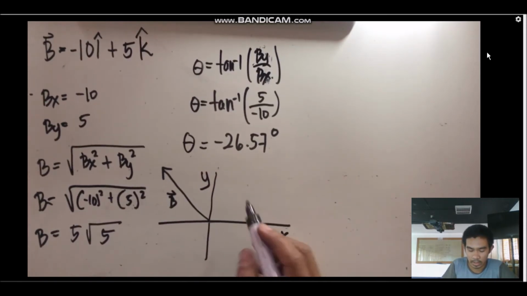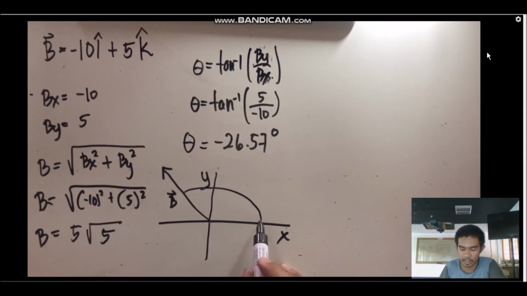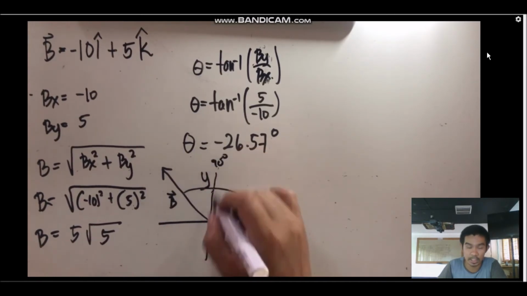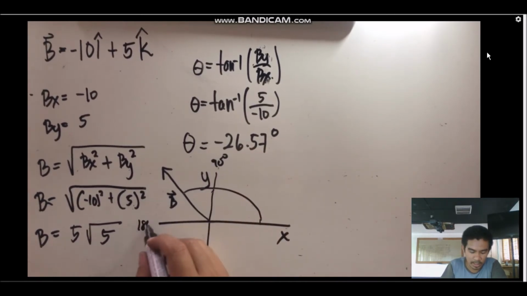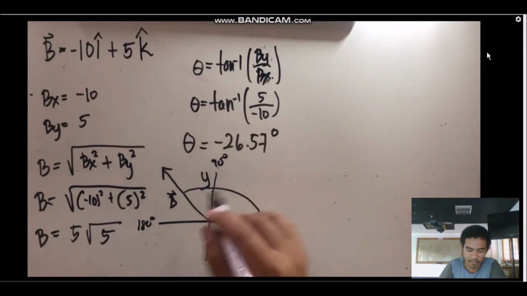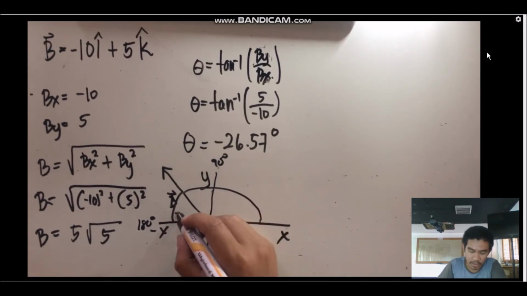So it is expected that the direction from the positive x-axis must be greater than 90 degrees but less than 180 degrees. But how come it's negative 26.57? That negative 26.57 is measured from the negative x-axis in the clockwise direction.